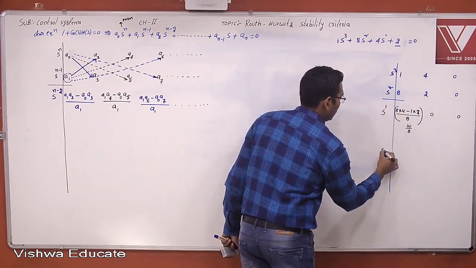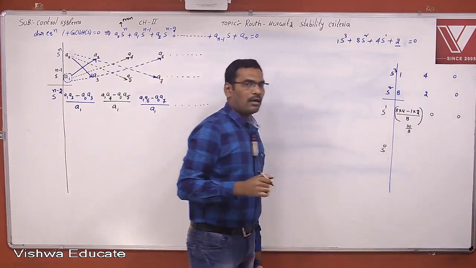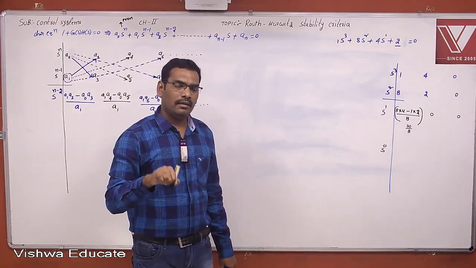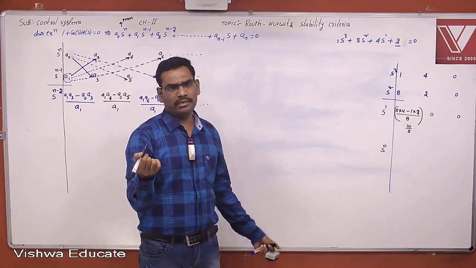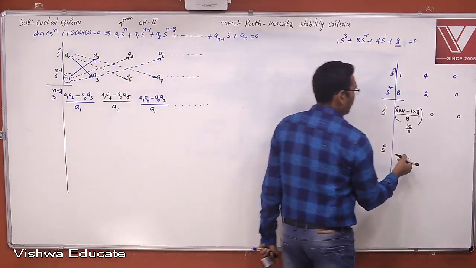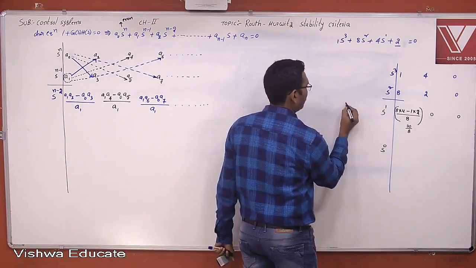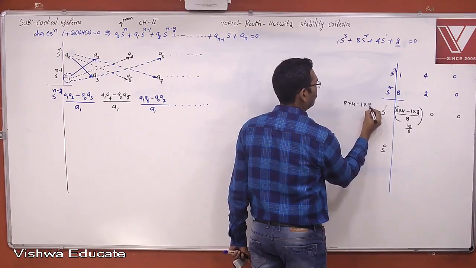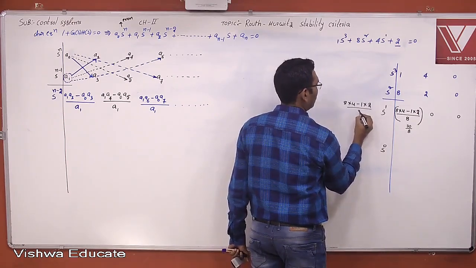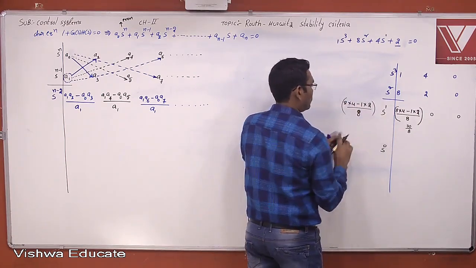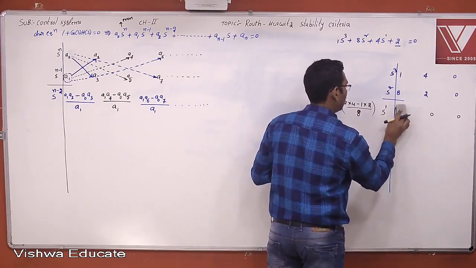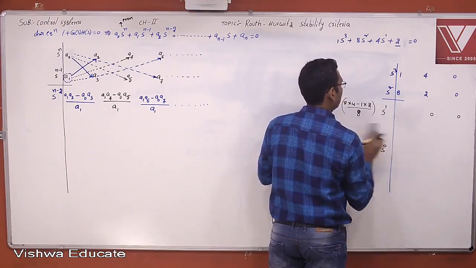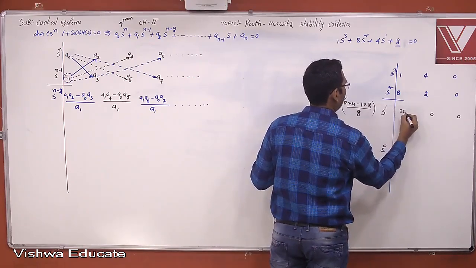Now next, S power 0. If you want to find the fourth row, the third row is the reference row. So if you want to find the quotients here, 8 into 4 minus 1 into 2 by 8, which is 30 by 8.